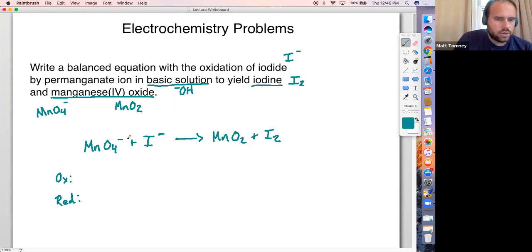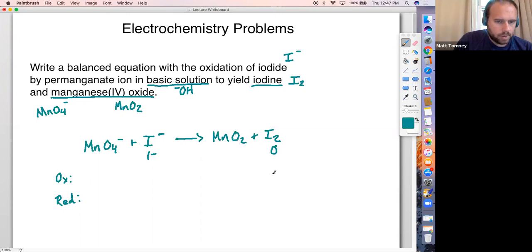But here you've got two negative charges and they're both becoming neutral in some format. So you need to pay attention to which is being oxidized and which is being reduced. In this case, I minus would have a 1 minus charge, and I2 would be going to 0.